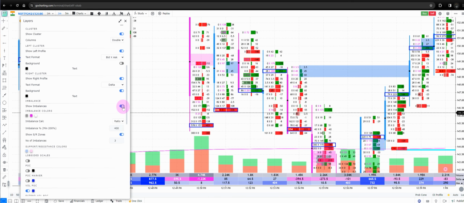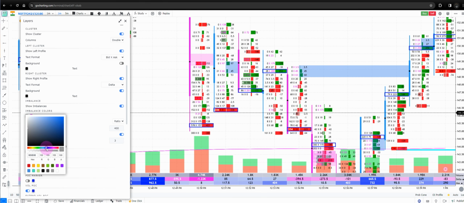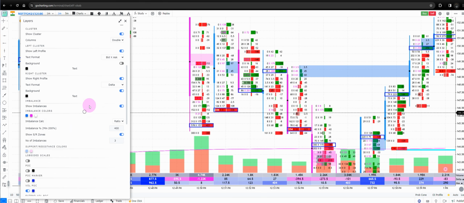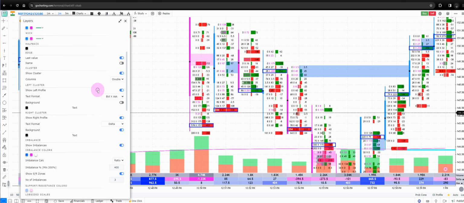What you can actually do when you have something like this is have the imbalance switched on. Okay, when you do that, we will color this blue for a start. What this will do is, and we will switch off the background on the left side, this is the cluster, and the background is switched off, so we'll switch off the profile.